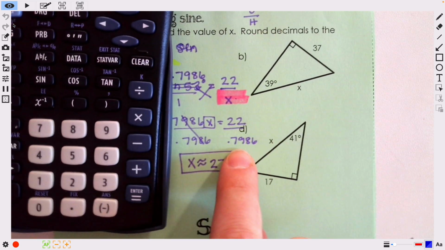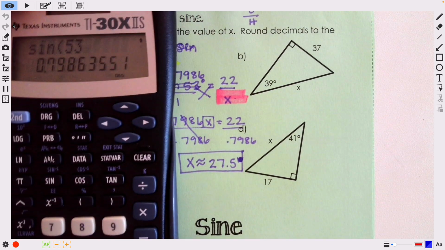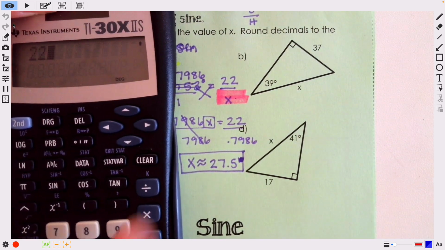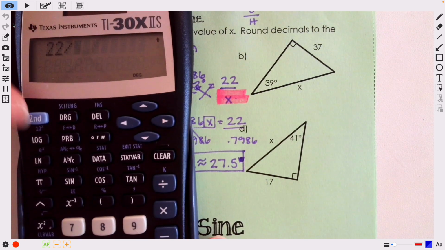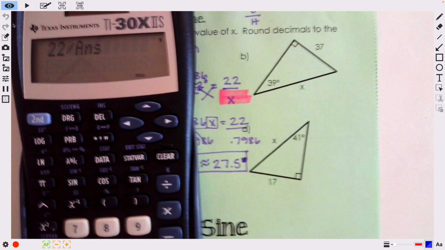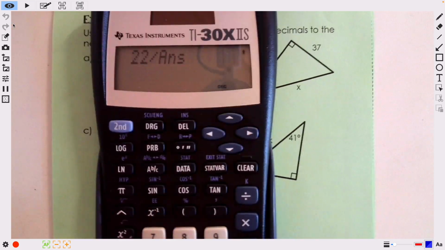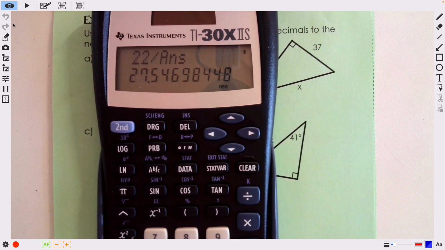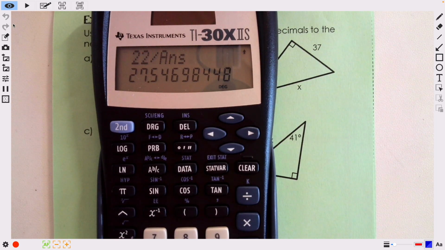So what I can actually do without clearing this out is I can type in 22 divided by, hit second, and then that negative, and it's telling you, hey, you're going to take 22 divided by your previous answer, and then you get the same answer. So that always helped me when I got into higher mathematics because you had huge decimals, and so it saved me time having to retype stuff in a lot. So I just wanted to make sure I showed you that button in case you ever want to use it.